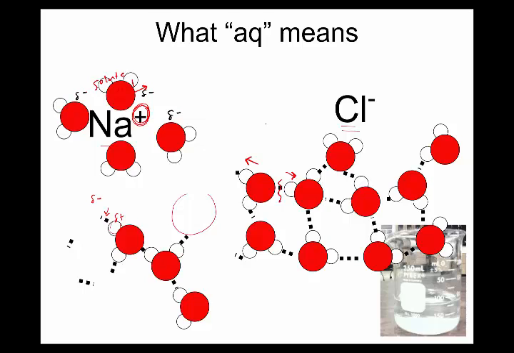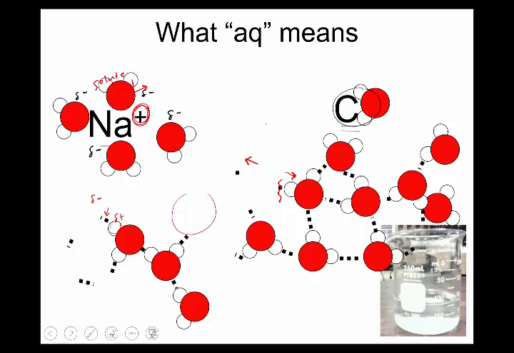This picture is really important. Note that the negatively charged oxygen, the partial negative, is facing the positive cation. You might guess the opposite happens on the anion, which is exactly what occurs. The partial positive hydrogens will surround the negative anion.